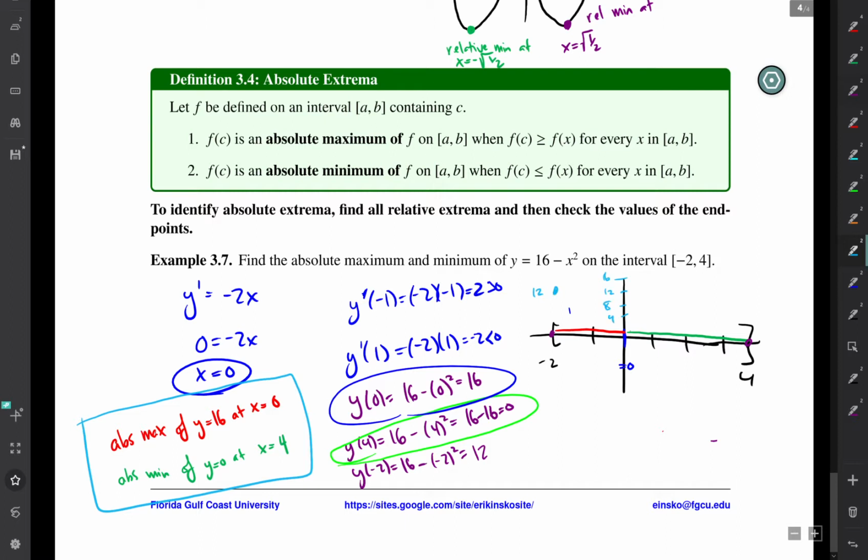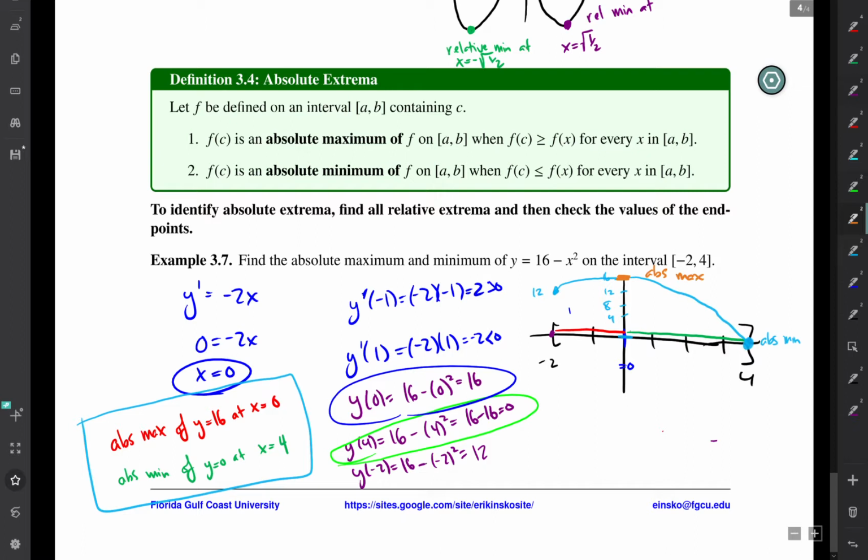So we're starting off at y equals 12, going up to 16, and then going down to 0 at x equals 4. So over this interval, this is the absolute min value, y equals 0, and this is the absolute max value.